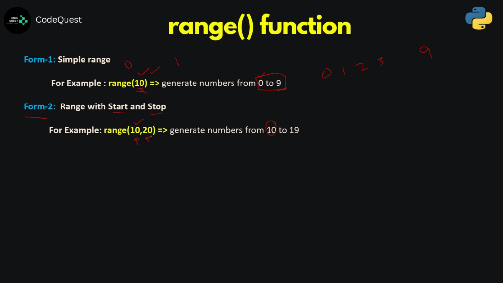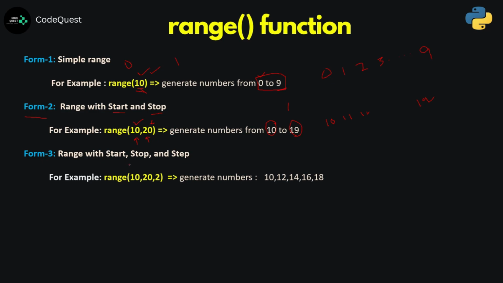And this is the stop value, so again stop value minus 1, that is up to 19 we are going to get the sequence of numbers. And once again, what is missing? The third argument, which is nothing but the step value. If the step value is not mentioned, by default it is 1. I mean, it starts with 10 and keeps on adding 1 each time. So 11, 12, 13, like that it is going to go up to 19.